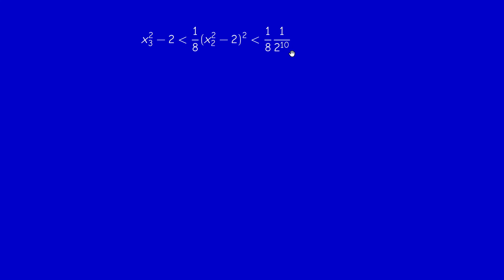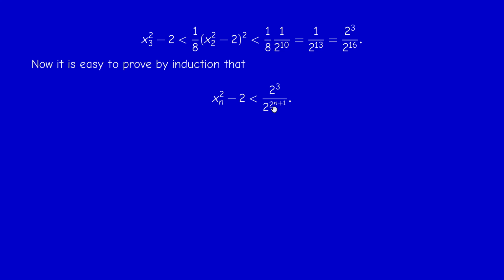So it's 1 over 2 to the 10, which gives 1 over 2 to the 13. And I can write this as 2 to the 3 over 2 to the 16. So now I hope that you saw a pattern that you can prove by induction, that this power here is 2 to the n plus 1. So it's 2 to the 2 to the n plus 1.